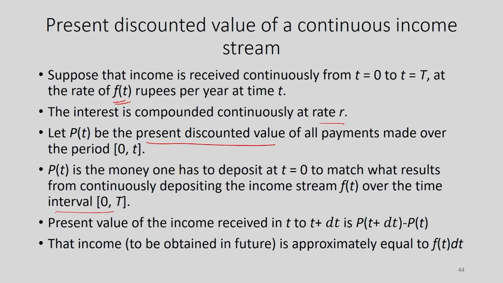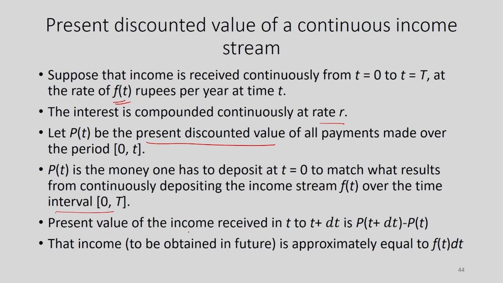We have talked about the idea of present value. So, it will give me some return over a period of time, and that return must match the income stream of f(t) that I am talking about.